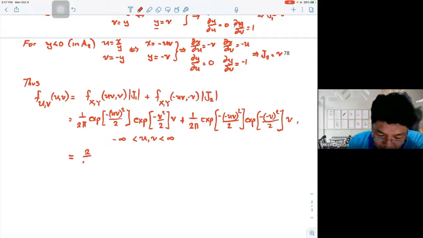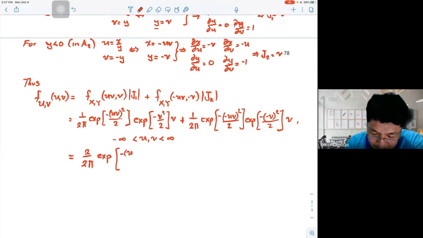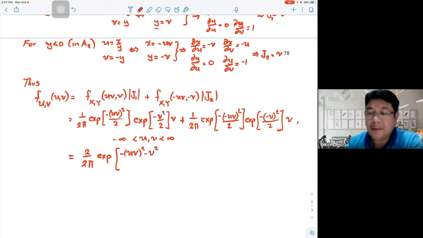So we have 2 over 2 pi, then the exponential function of negative uv quantity square and then minus v square over 2.